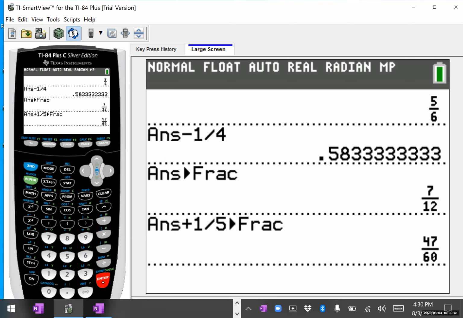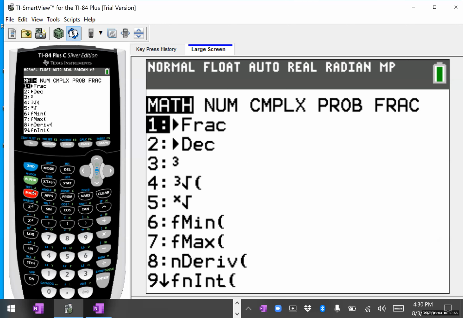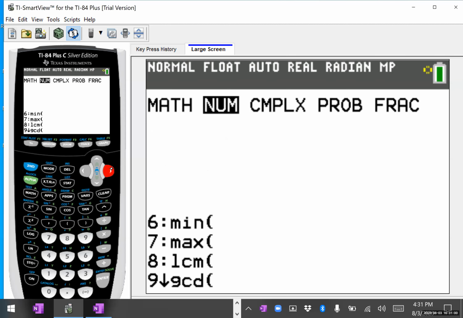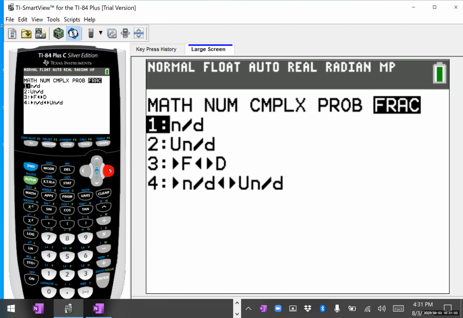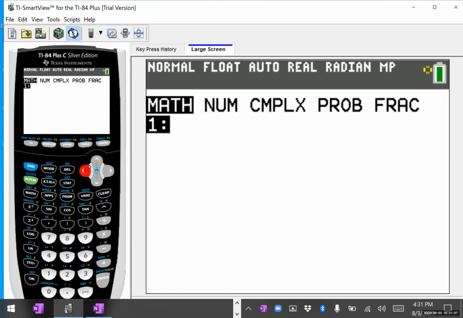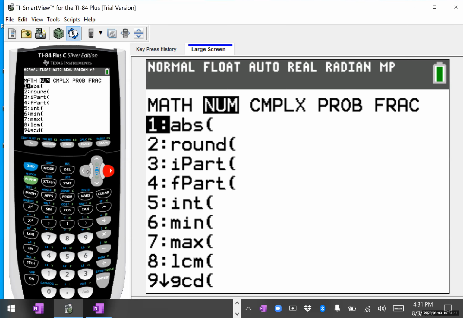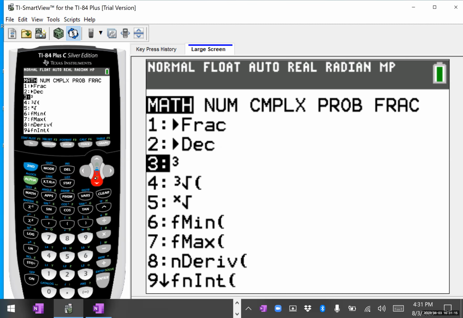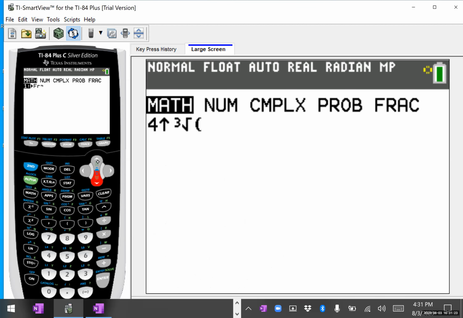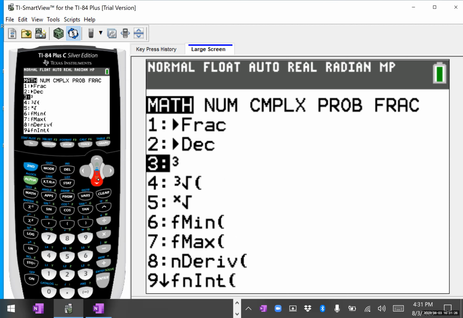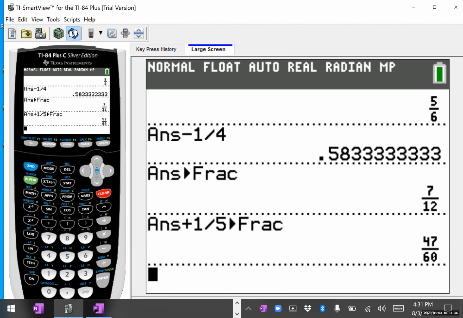And that's 47/60. 47/60. Okay, let's clear that. 47/60.